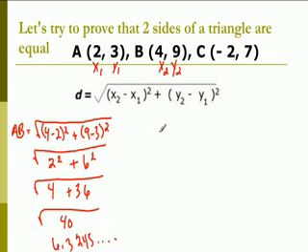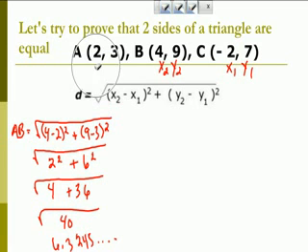Now let's try BC. This would be x1, y1, because we're done with the other coordinate.